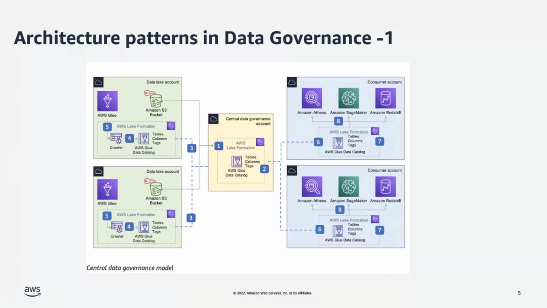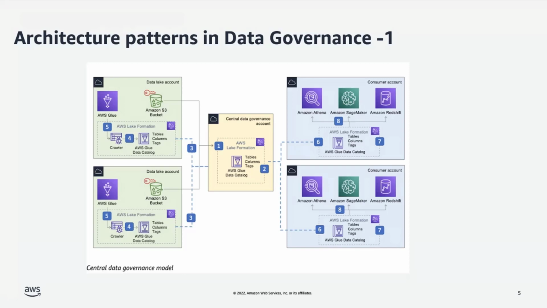Using data filters, you could restrict further down into the table access for each individual consumer. This is a holistic model where the central team could create and maintain the required data governance audit reports for the security compliance model.